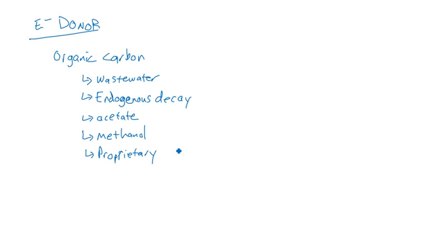And in one of the example problems, you're actually going to look at these three and do a comparison of these three different ones to see which is going to be the most favorable in a system. And that's a pretty typical calculation that you might do if you're working for a consultant or a design engineer trying to determine what is the best electron donor or organic carbon source to use for your denitrification.